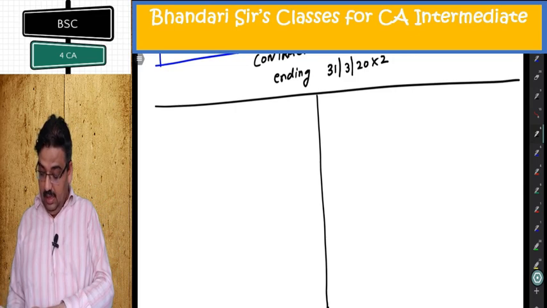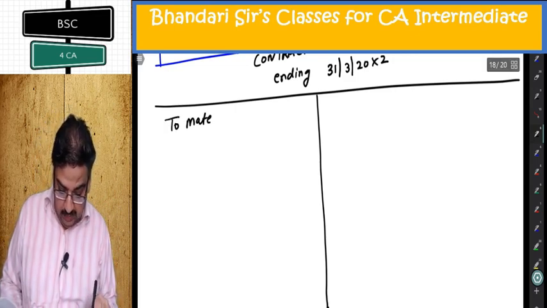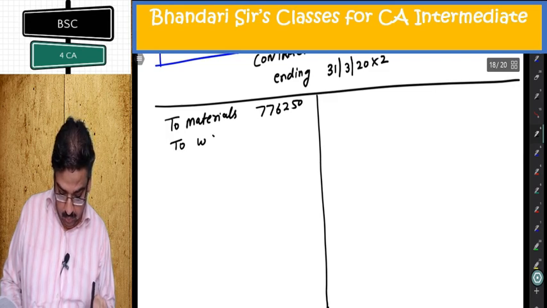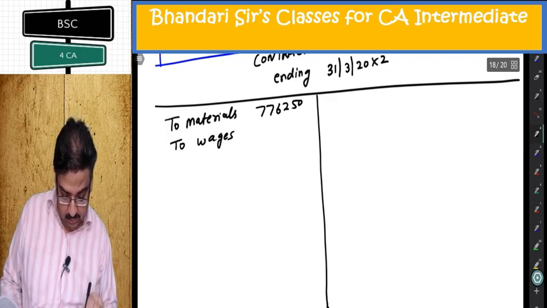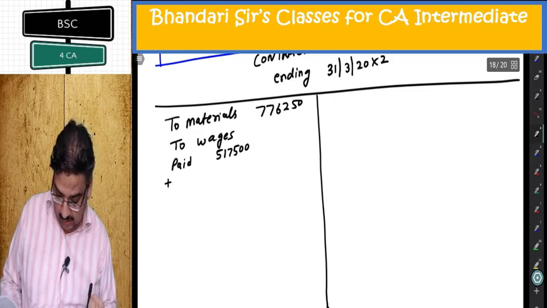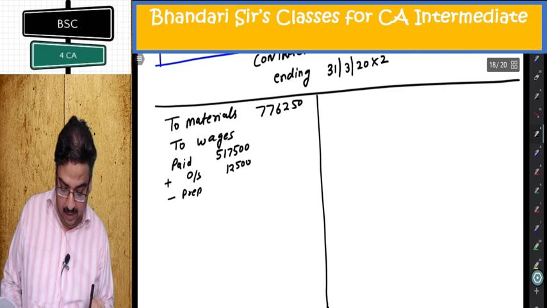Let's put the expenditures there. To materials issued, 776250. To wages, internal column adjustments, paid 5,17,500, add outstanding 12,500 minus prepaid 37,500.